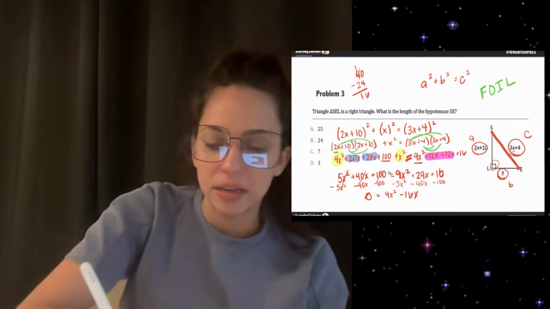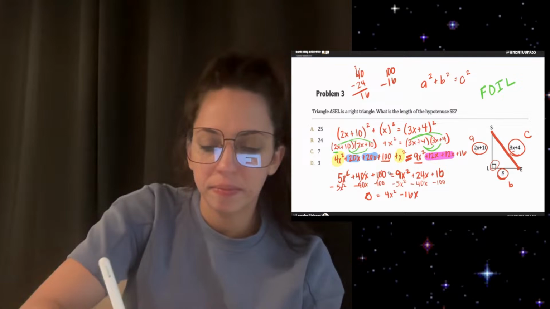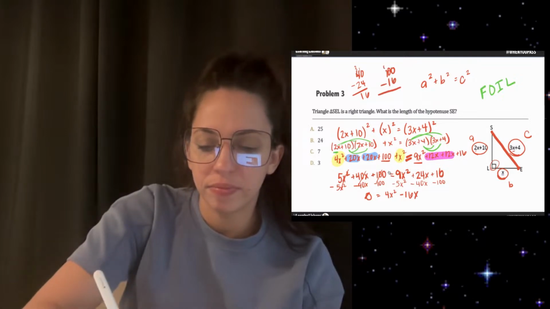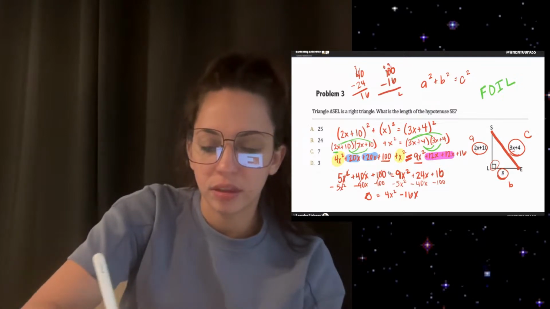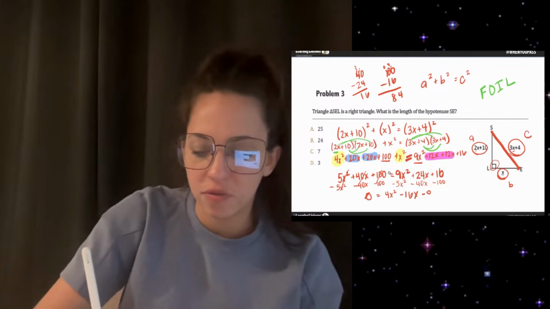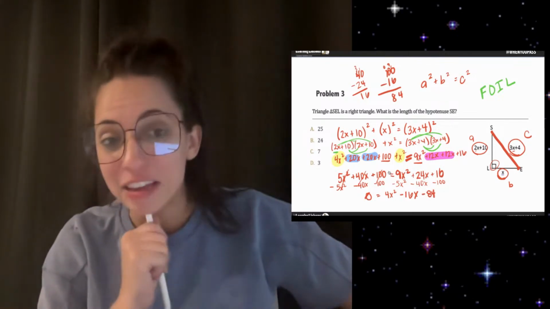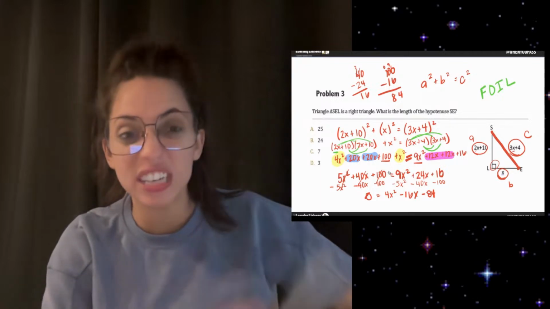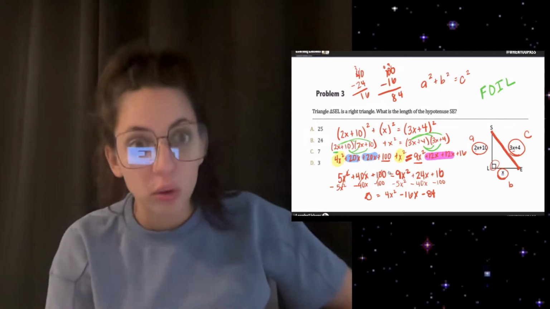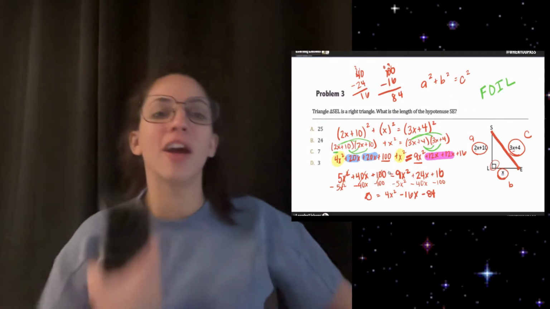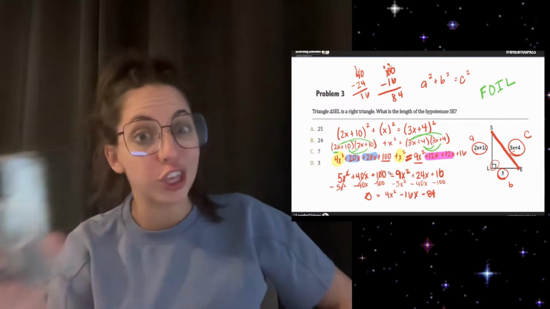And 16 minus 100. Negative 84. Again, I'm purposefully not using my calculator because there are teachers in this room who don't get to use a calculator. However, if you have a calculator, use it.